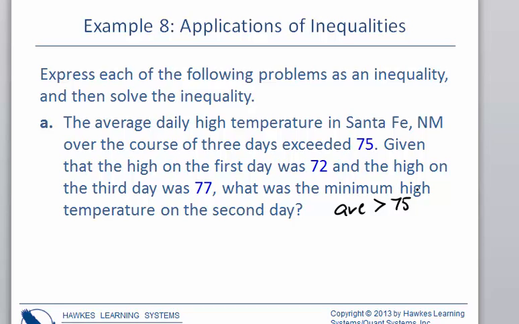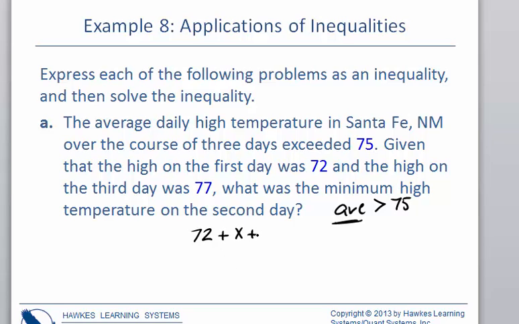Given that the high on the first day was 72 and the high on the third day was 77, what was the minimum high temperature on the second day? Okay, so how are we going to find this average temperature? We're going to take the temperature for the first day, which was 72. We're going to take the temperature for the second day, which is what we're looking for.